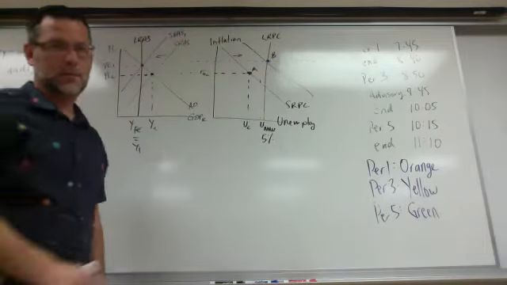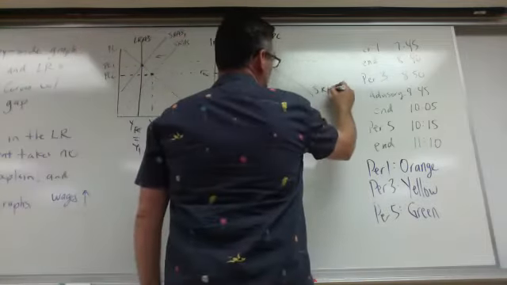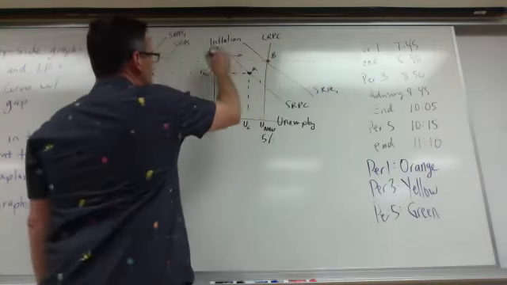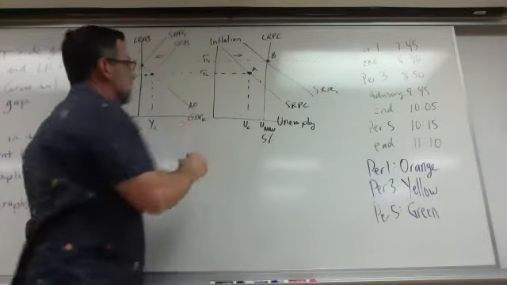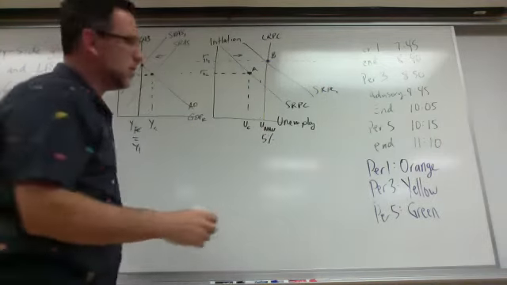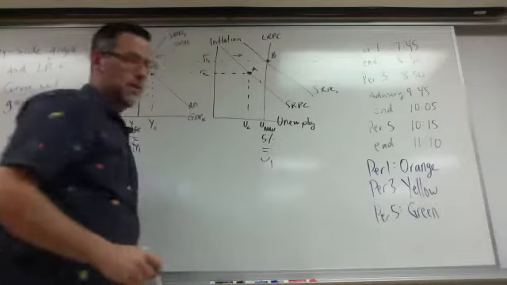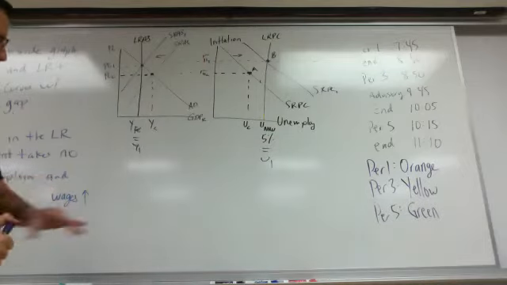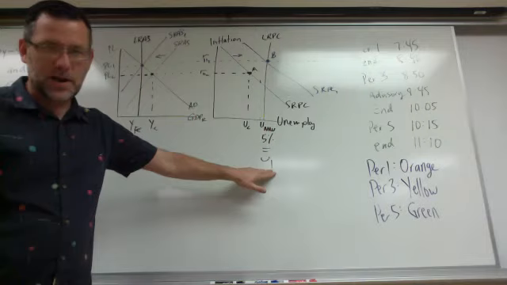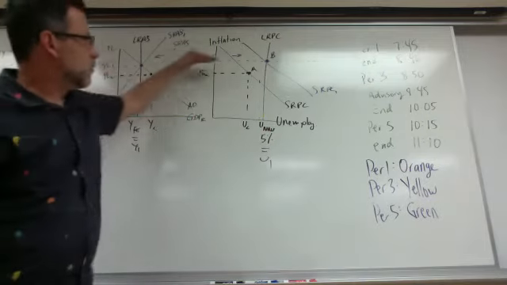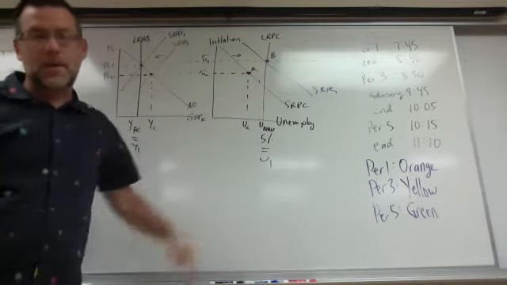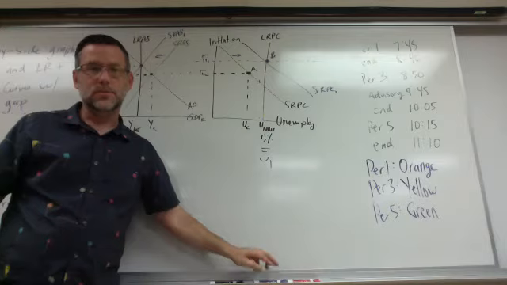Boom, there you go. Short run Phillips curve 1. Label my new inflation level. And look at that. Full employment, natural rate of unemployment, my price level and inflation are lined up. There you go. That's the answer to the question.